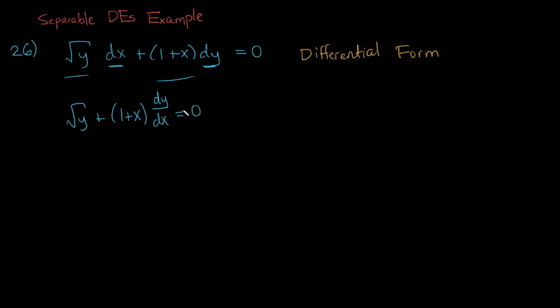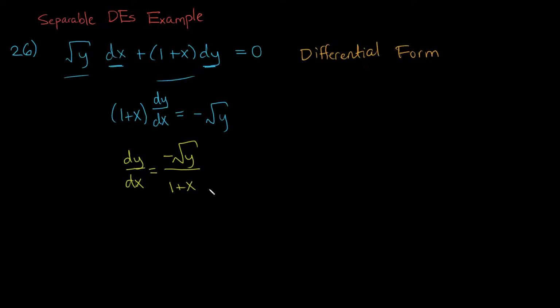And just as we're doing this, we can quickly get another step done. We can just subtract the square root of y from this. So now we get minus the square root of y. And finally, we can divide by 1 plus x. And what we'll see is that we have dy dx equal to negative square root of y divided by 1 plus x.